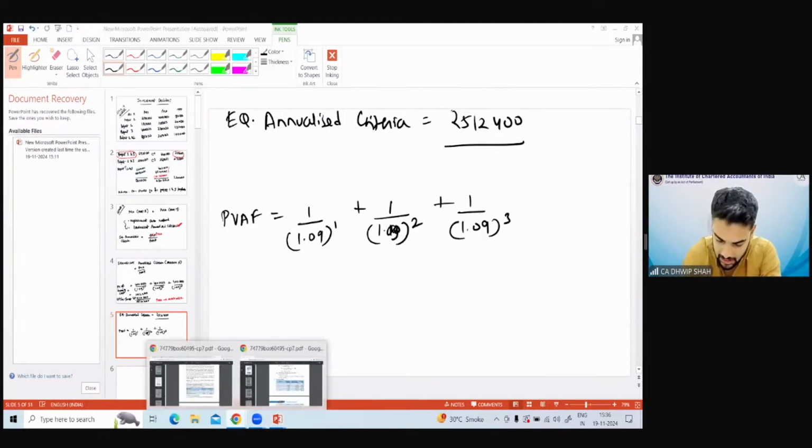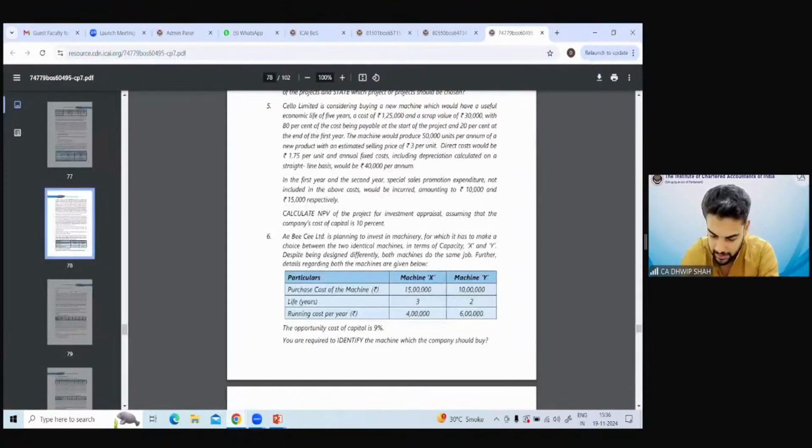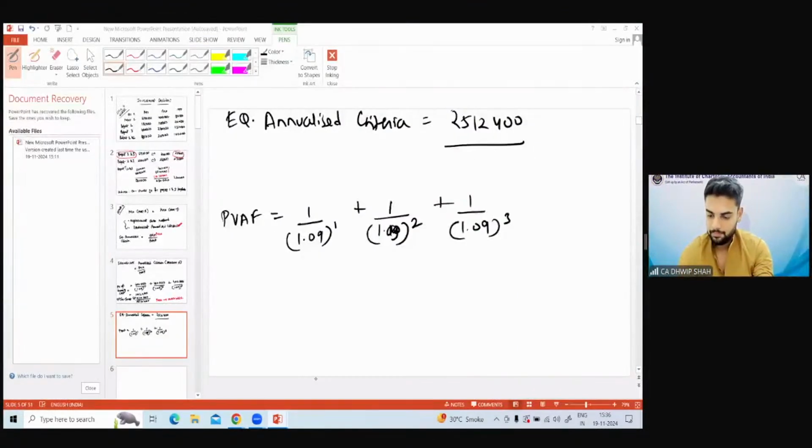PVAF is just the summation of the discounting factors. कितना आ रहा है? Present value total cost is nothing but PVCO only. PVCO is what? Present value of cash outflow. So all the cash outflows are to be brought in their present value terms.